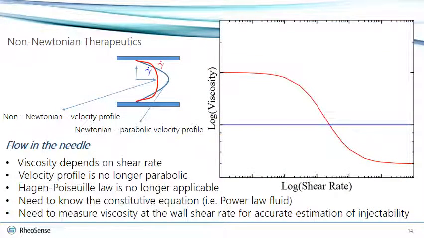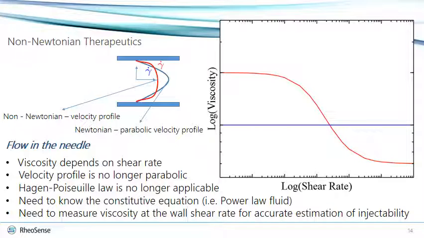So now, what happens if in fact we do have a non-Newtonian fluid? A fluid or a formulation where viscosity significantly depends on shear rate. We are commonly going to have the behavior exemplified by the red line in this plot, where there are three well-differentiated shear rate regions.